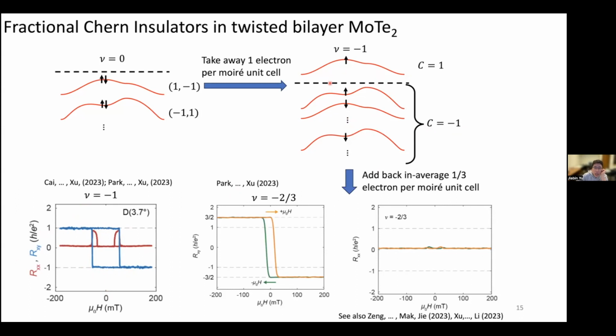And if we further add back, on average, 1/3 electron per Moiré unit cell, we would fill this nearly flat empty Chern band to 1/3 filling, and we go to filling nu equals -2/3. According to previous theoretical and numerical intuition, we will have an FCI.